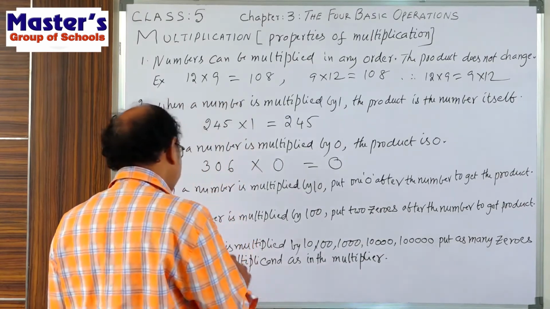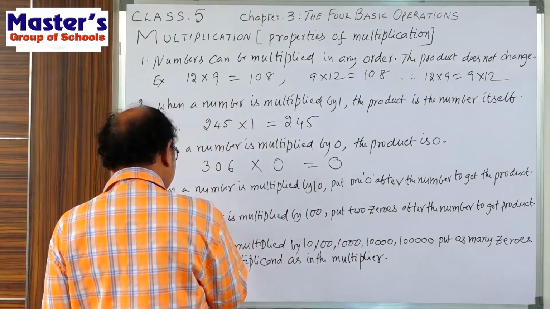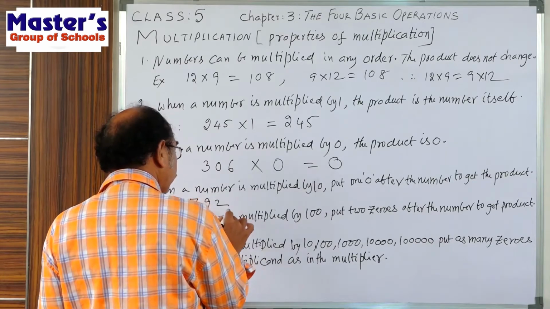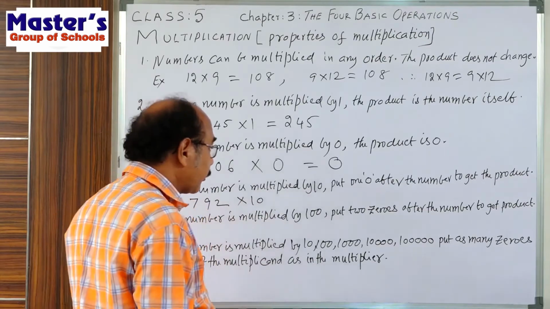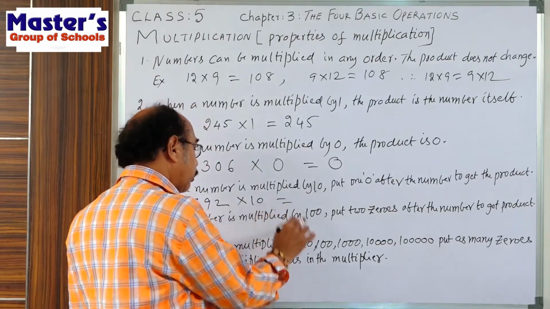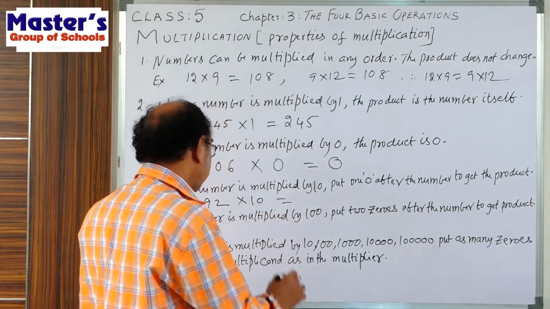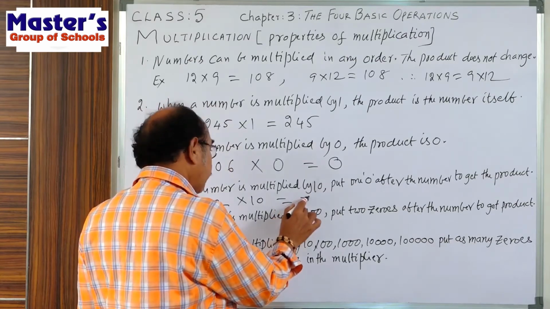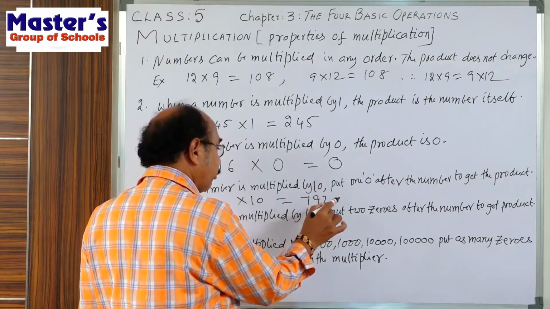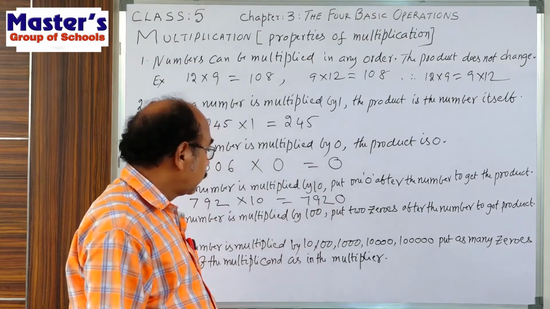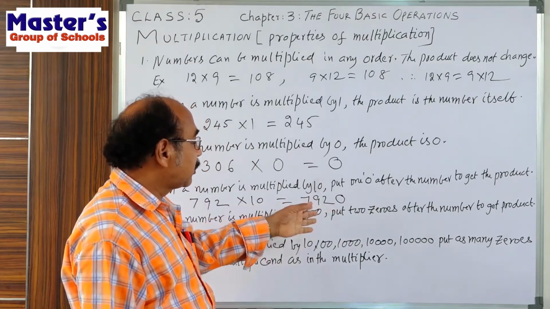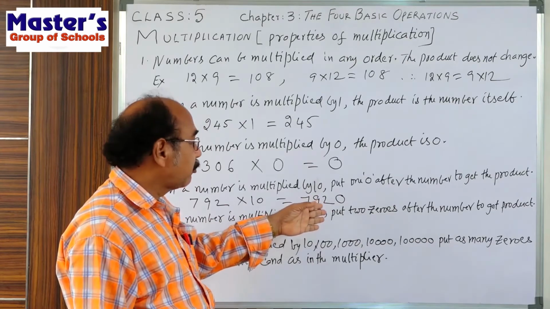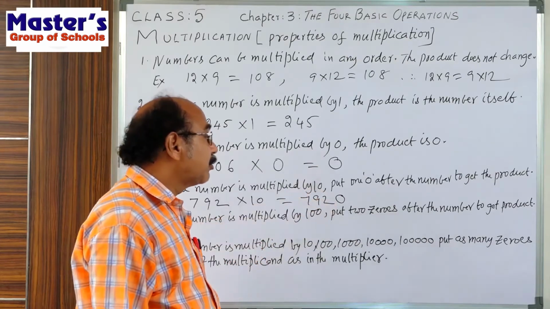For example, you see 792 multiply with 10. Then what is the product? After the number, keep 1 zero. So after 792, we keep 1 zero.